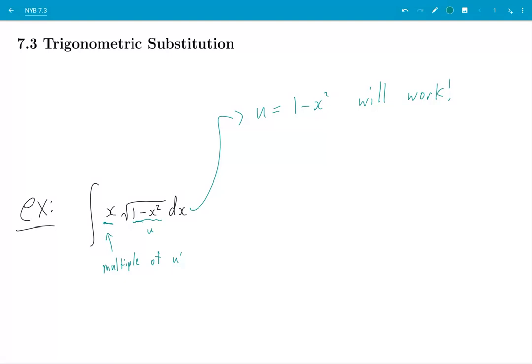So if you see an inside function u, and directly outside you have a multiple of u prime, that tells you that a u-sub is going to work perfectly.